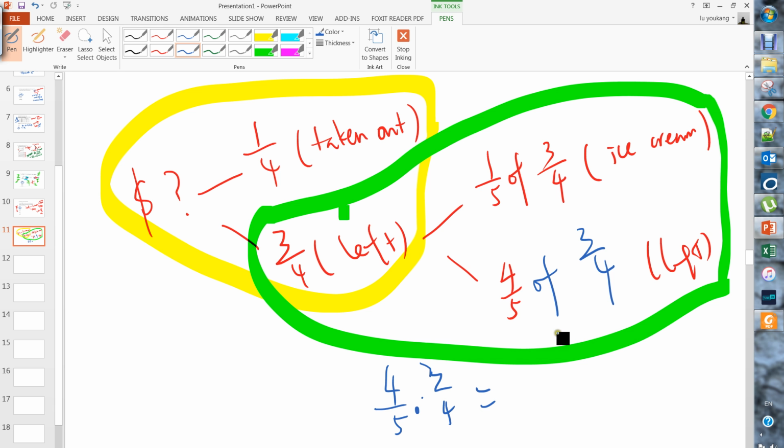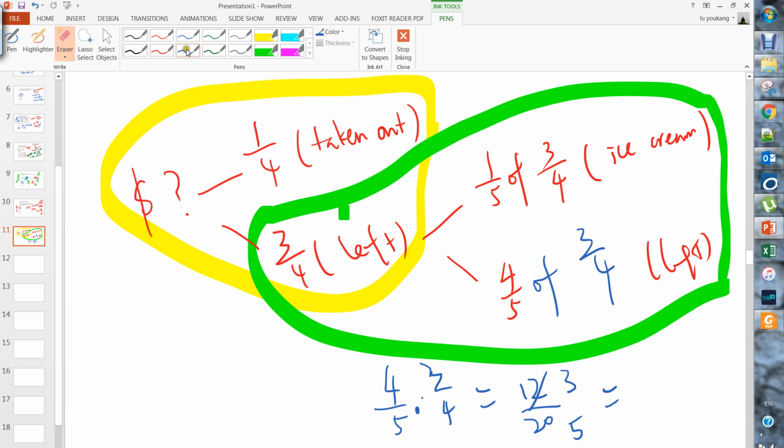Of means times. So 3 times 4, 12. 5 times 4, 20. Is it simplified? No. So you divide by 4. You get 3. Very good. So that is the fraction that is left.